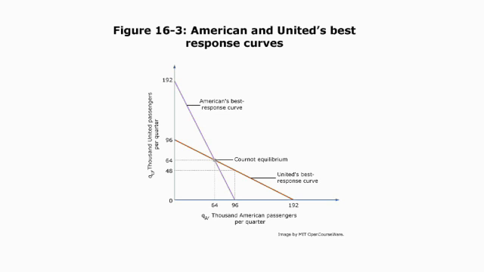Another way to look at this is that you're only in equilibrium if you're on both firms' reaction curves. For example, American might say, look, the equilibrium I like is where I do 96,000 flights and you do none.